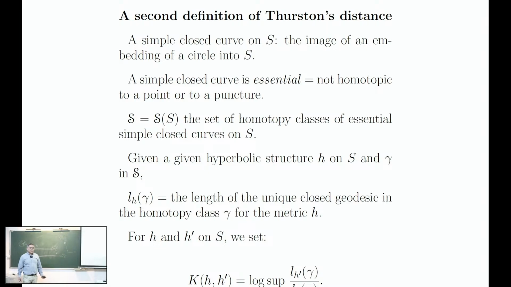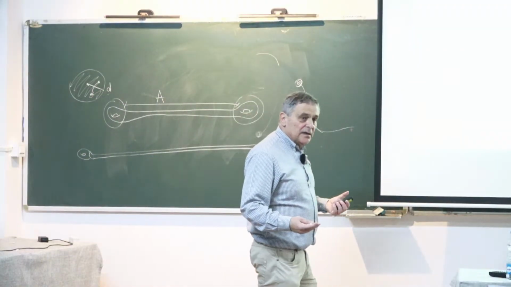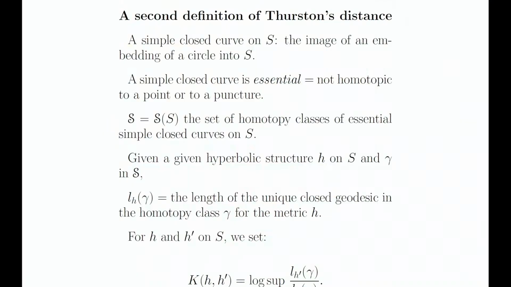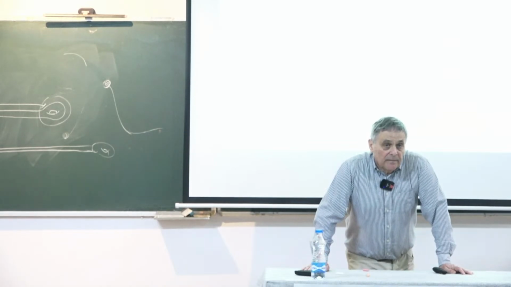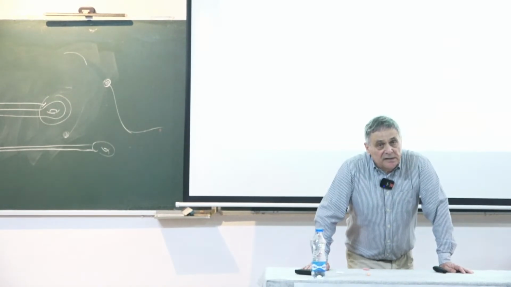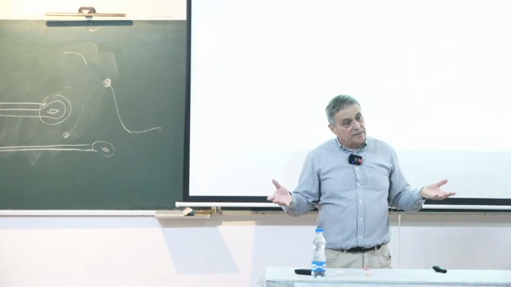Now, you remember I explained to you that a hyperbolic surface can be characterized by its length spectrum, the lengths of the simple closed curves, right? So if a hyperbolic surface is defined by the lengths of its simple closed curves, I can measure a distance between two hyperbolic surfaces just by comparing the lengths of simple closed curves, right? It's a good distance between surfaces.